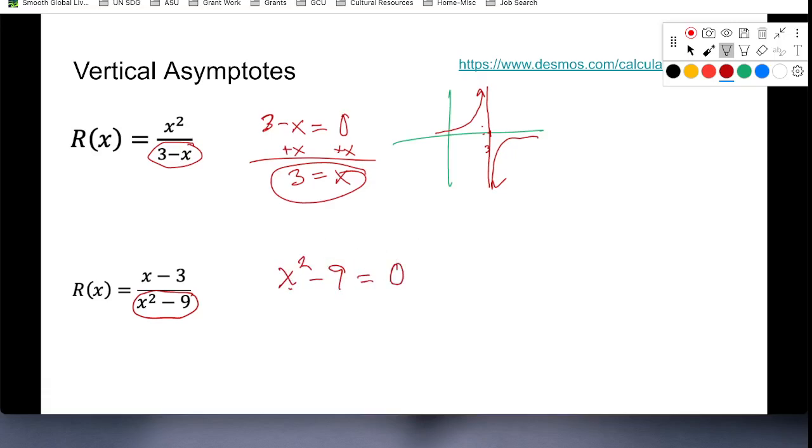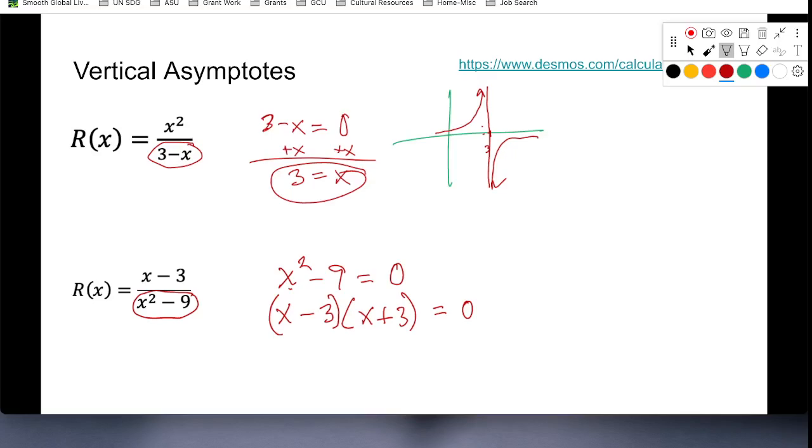Hopefully you recognize this as a difference of squares. You could just add 9 to both sides and take the square root, and then you get plus or minus 3. But what I like to do is go ahead and factor x squared minus 9. That's a difference of squares, so we're going to get x minus 3 times x plus 3 equals 0.